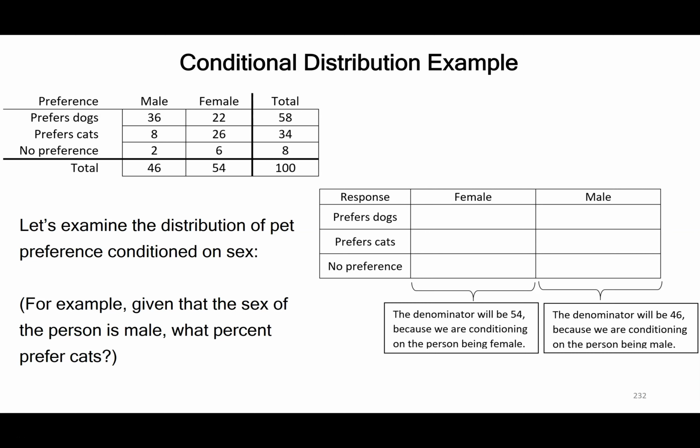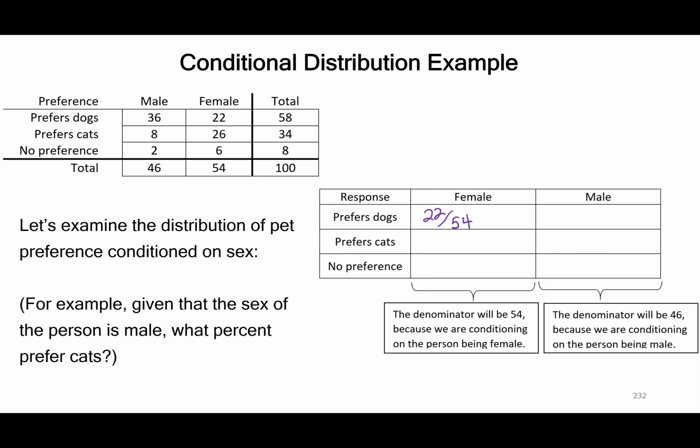So focusing on female individuals here, there are 54 individuals. How many of those prefer dogs? There were 22 of them. This is not mental math for me anymore. I have to double check.